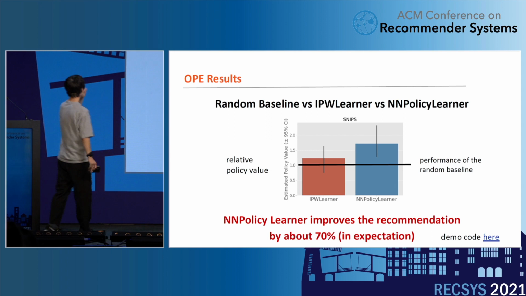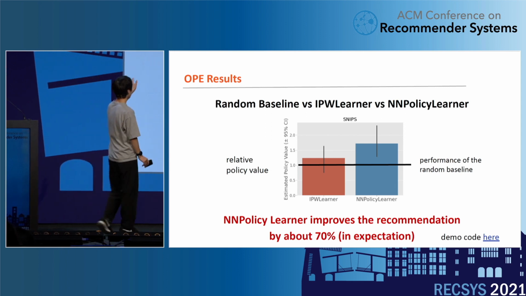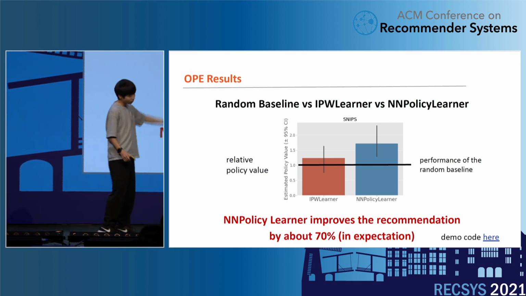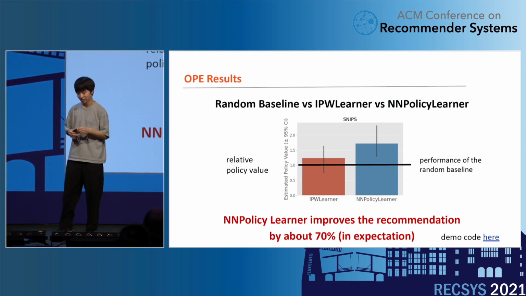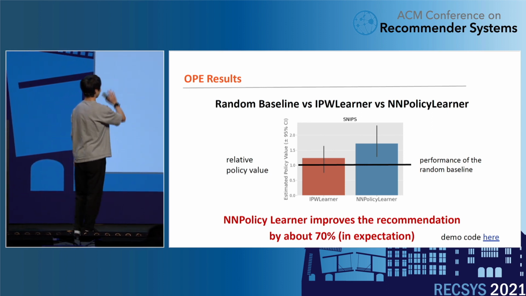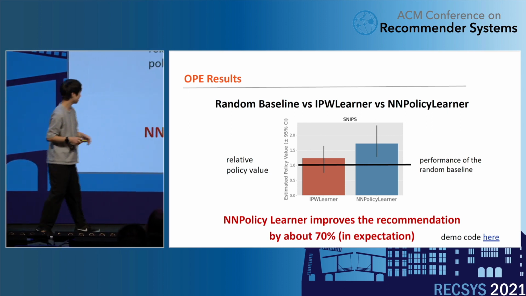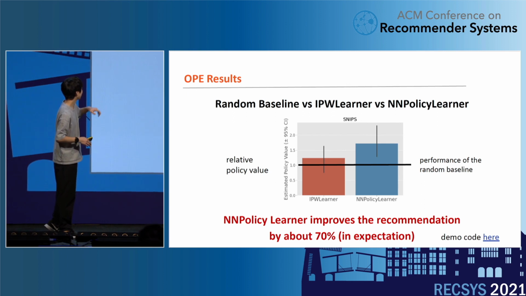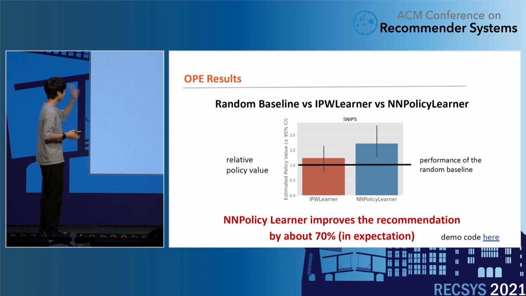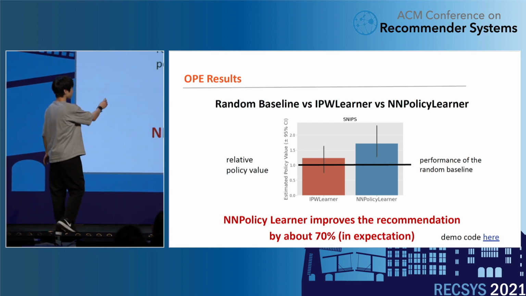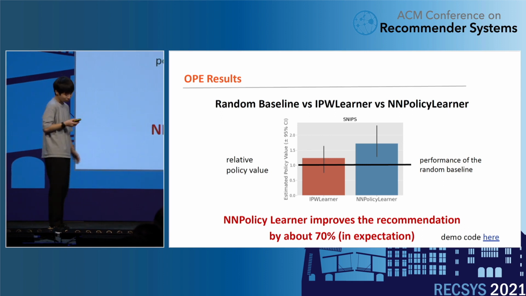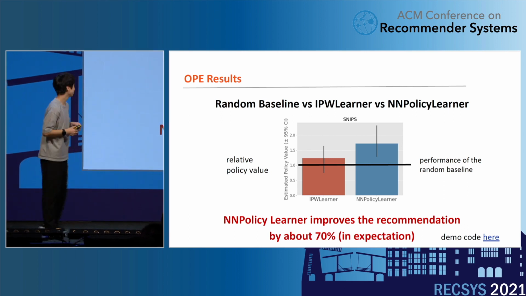And this is the result. I'm now comparing the random baseline, which is the logging policy, the IPW learner with random forest, which is a moderate policy, and the more sophisticated neural network policy learner. This is the relative estimated policy value, and the baseline is the random baseline. So the horizontal black line is the performance of the random policy.